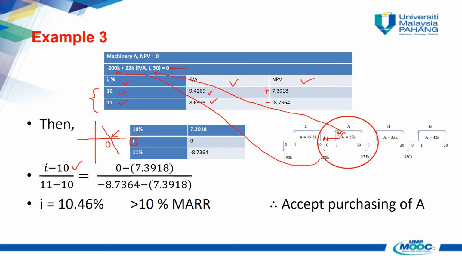So what is our I? So we interpolate it, and then I minus 10 divided by 11 minus 10, and then you will see that our I will give you 10.46%.